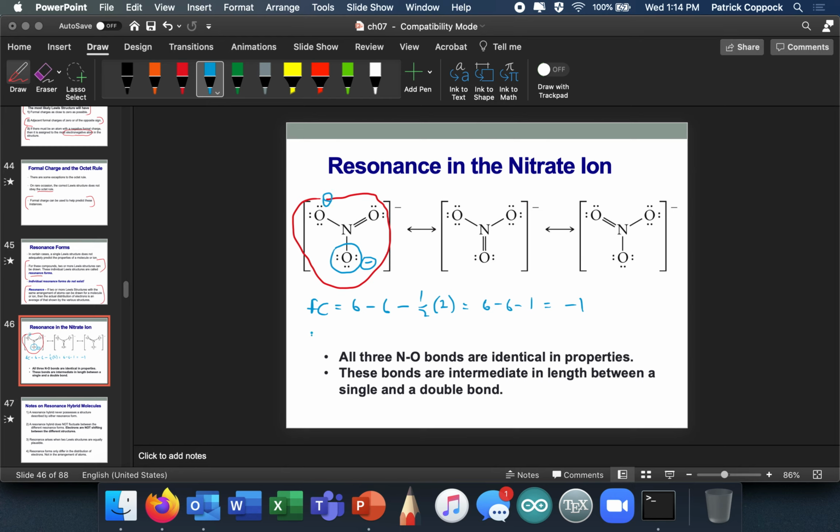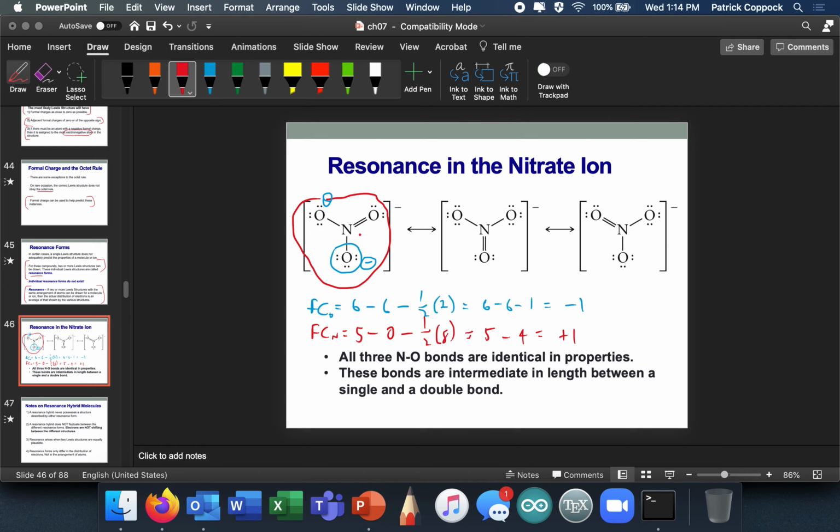And this nitrogen then, watch this. The formal charge on the nitrogen is equal to, well, it's in group 5, so it has 5 valence electrons, and it's got 0 unshared, and it looks like it has 8 shared. So 5 minus 4 is equal to plus 1.